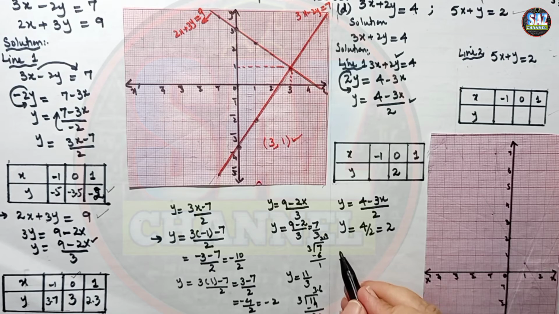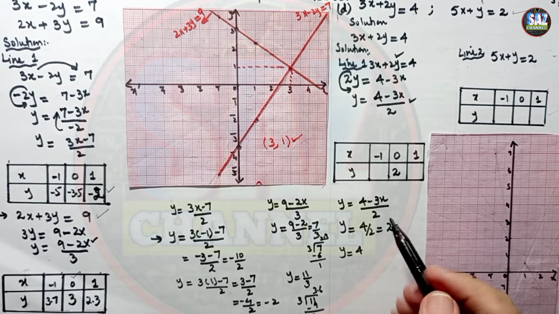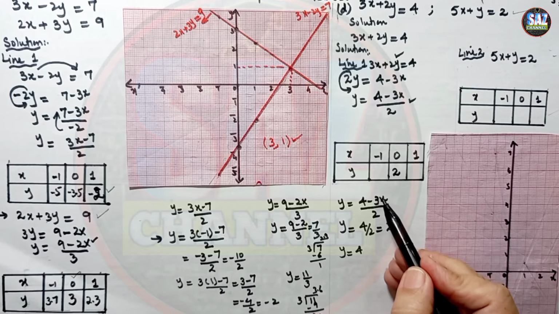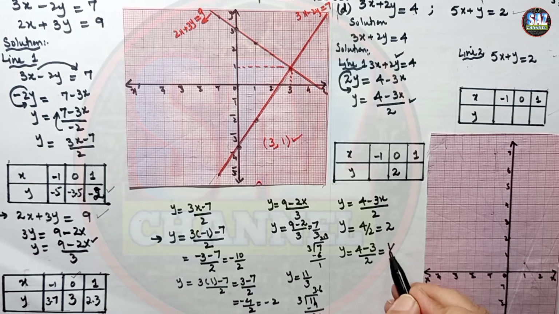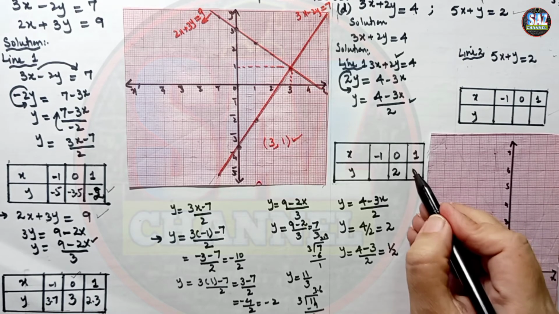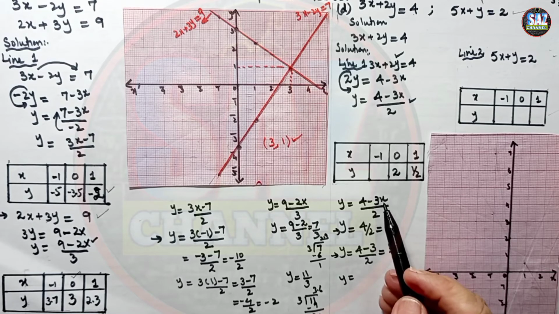For x equal to 1, y is 4 minus 1 multiplied by 3, which is 3, divided by 2, and 4 minus 3 is 1, so this is 1 by 2. Then y equals 4 minus 3x.